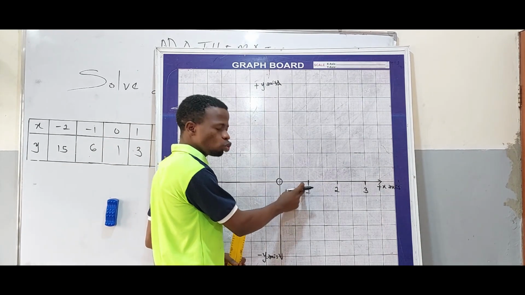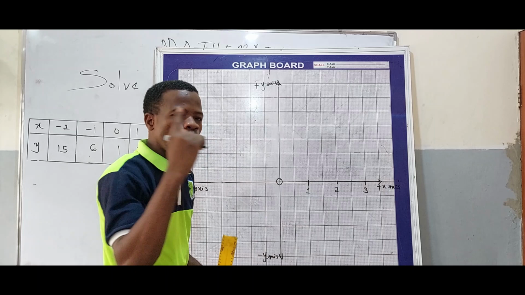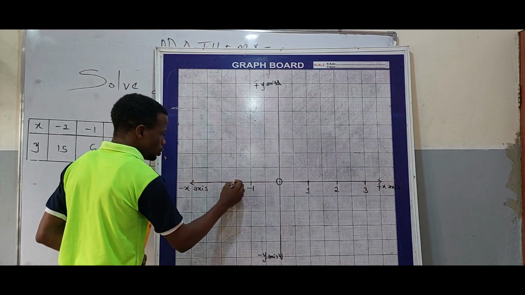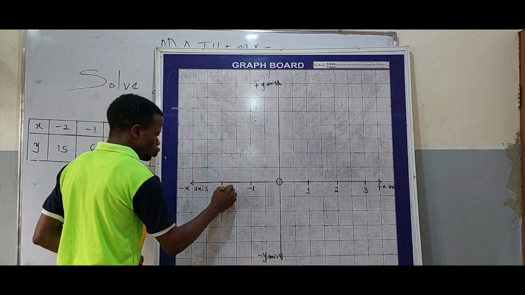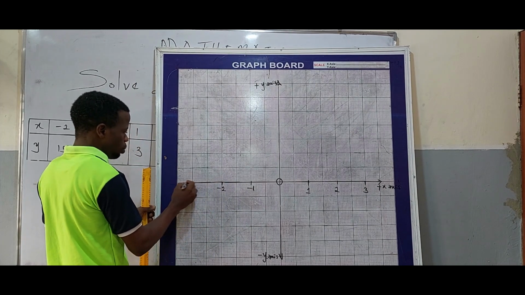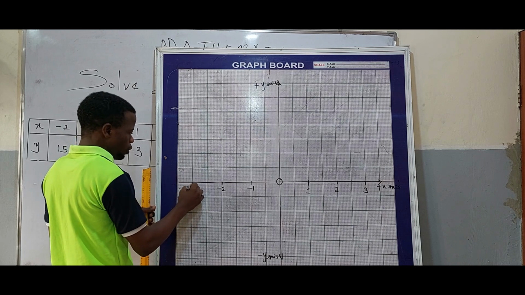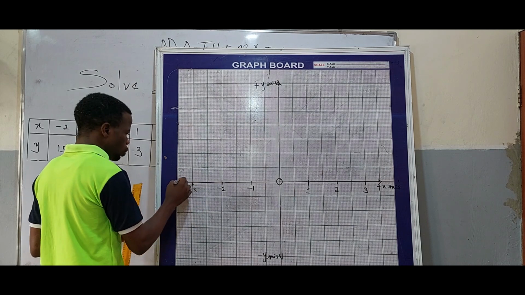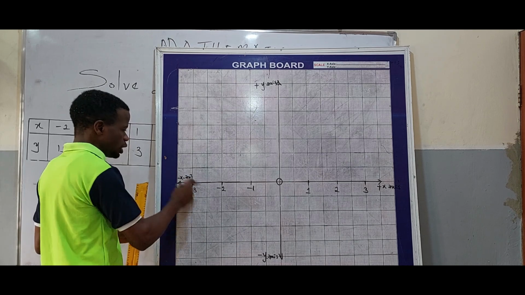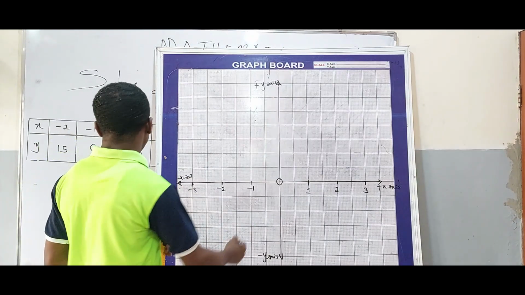This is 2 centimeters, representing what? 1 unit. The same thing at the negative side: -1, -2. Okay, I have to extend this. So I have -3 here. So this is my negative x, and this is -3.